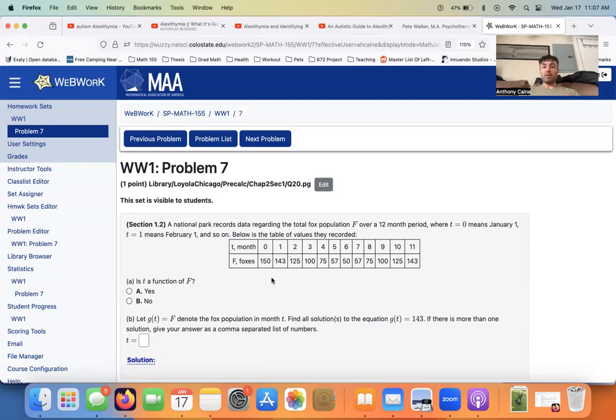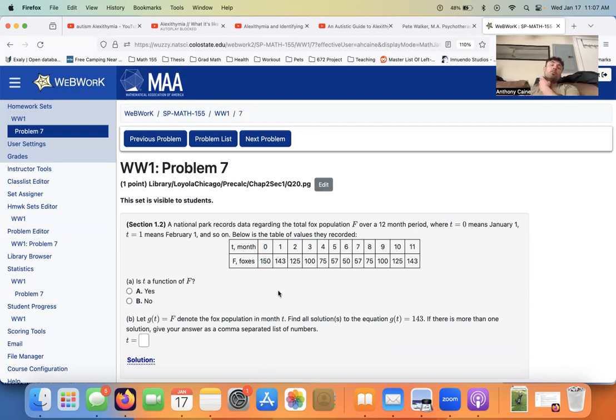So for example, if I give you the number 150, you're going to give me 0 because that's what corresponds to it. But if I give you the number 57, do you give me 5 or do you give me 7? This is not a function.